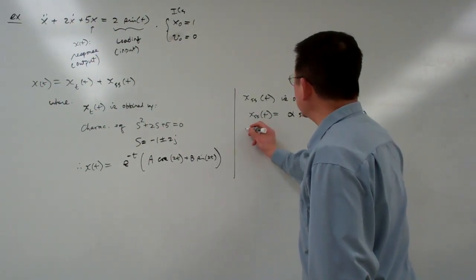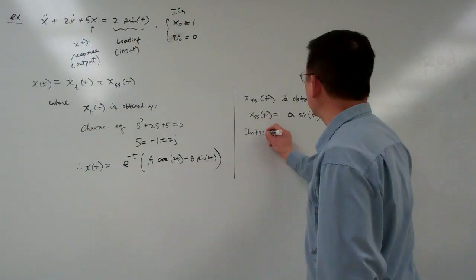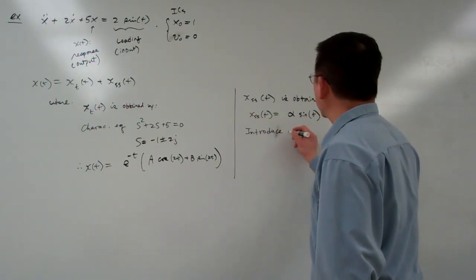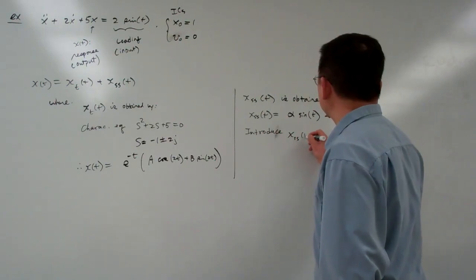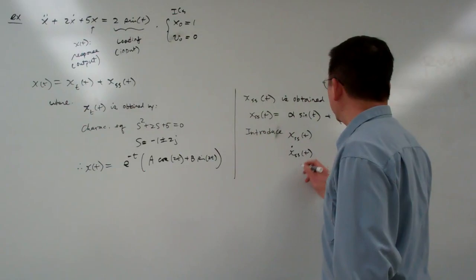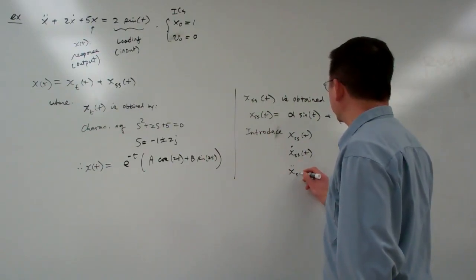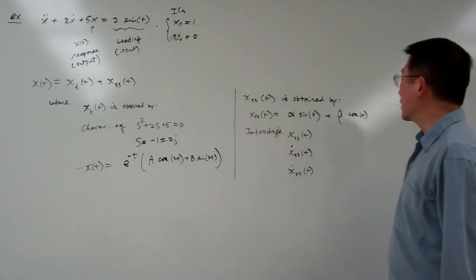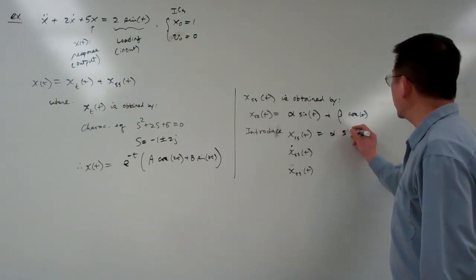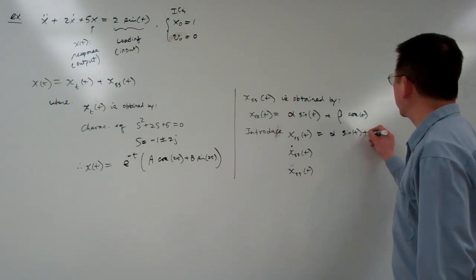We introduce x, take the derivative x dot, and then the double derivative. Basically, let me say this is alpha sine. Let me write it again.